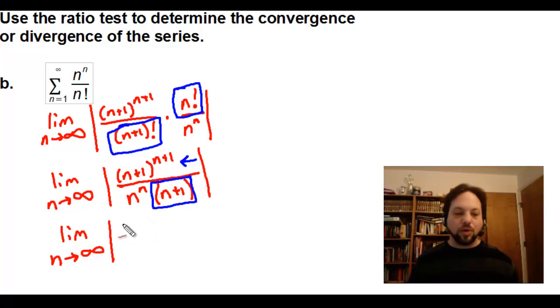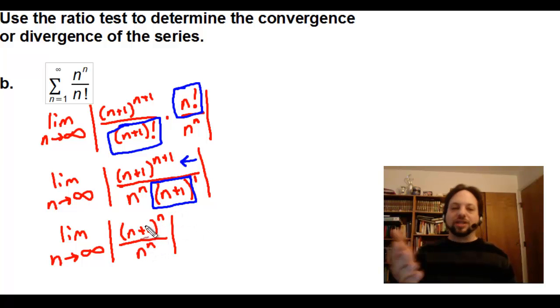Hopefully you can tell that what would happen is I would end up with n plus 1 to the n power divided by n to the n power. So you could call this n plus 1 to the first power here if you so chose. And when you subtract those, the ones would go away, and you can see that this is what I would be left with. So what is the value of this ratio as n approaches infinity?